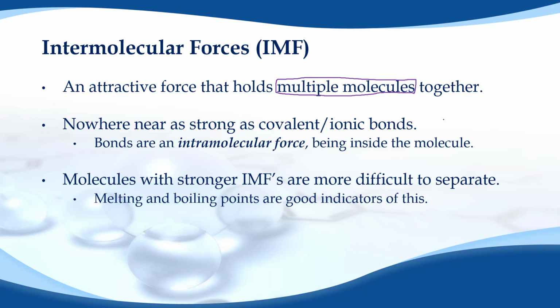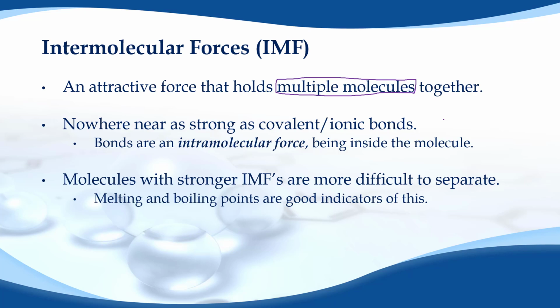And the way that we're going to measure this is we're going to use melting point and boiling point as indicators of the strength of intermolecular forces, right? Because if something has a stronger intermolecular force, it's going to have a higher melting and a higher boiling point because you require more energy to separate them.